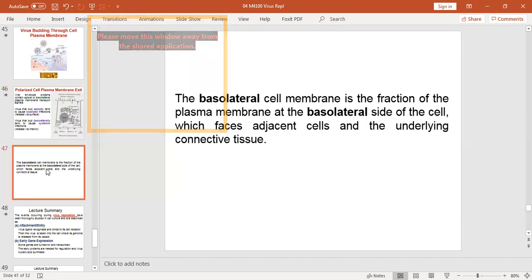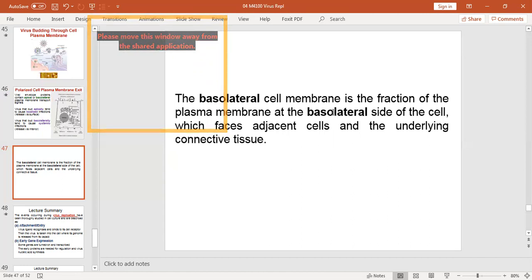Slide number 47 is a definition of the basolateral cell membrane. As the name implies, basal and lateral is basically a fraction of the plasma membrane that is at the basolateral side of the cell, bottom and side.